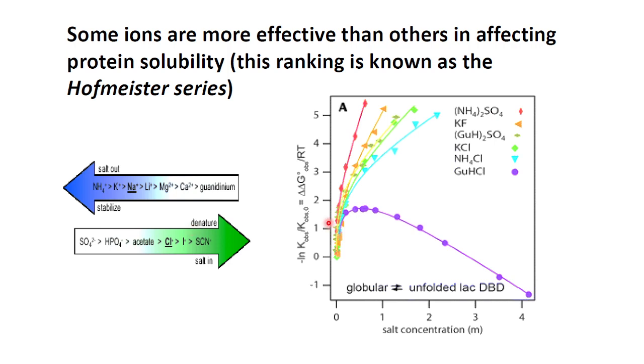Now if you see, as you move from vanadium to ammonium, in this direction, it is adding to the stability of your protein, but at the same time it is salting out your protein as well, that is, your protein is precipitating.